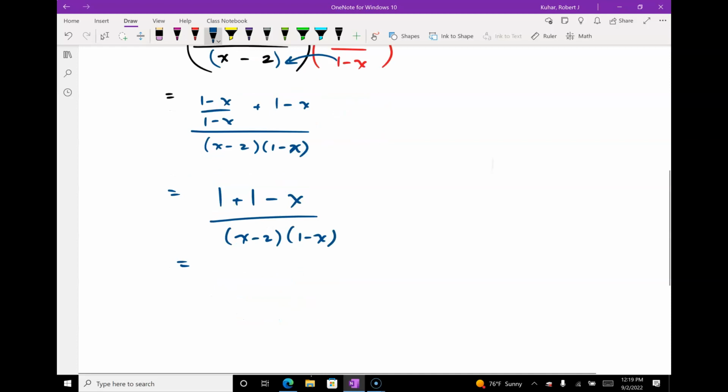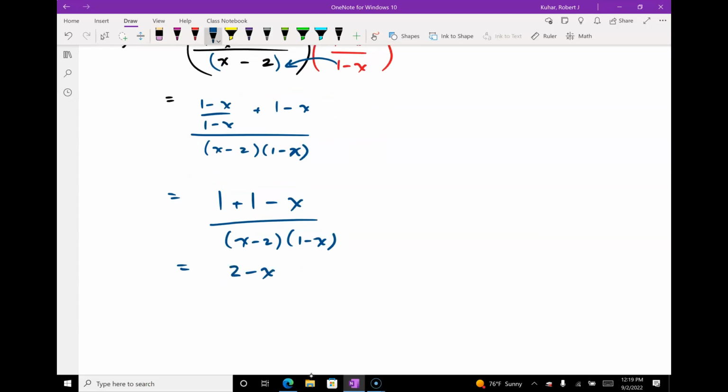So upstairs, what do I get? 2 minus x? So far, this is the secant slope. This is the secant slope for any x except for 2, right? So I put in a 2.1, a 2.01, a 2.001, right? Can I simplify anything else?